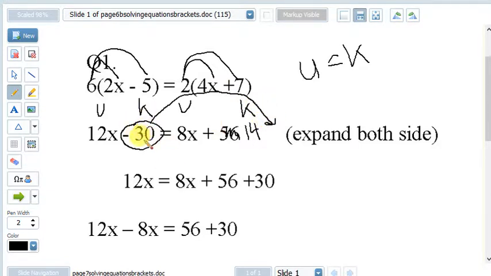And a negative 30 on that side becomes a positive 30 on that side. Okay, so that 14 should be that 14, and then that one there. Okay, so now what we've got is 12x equals 8x plus 14 plus 30. So that's with the negative 30 moved across to that side.